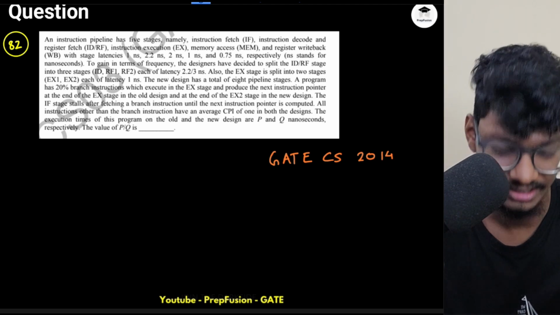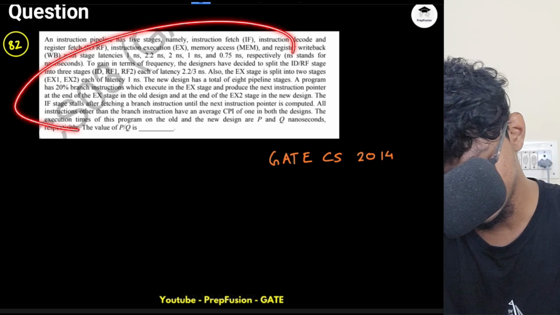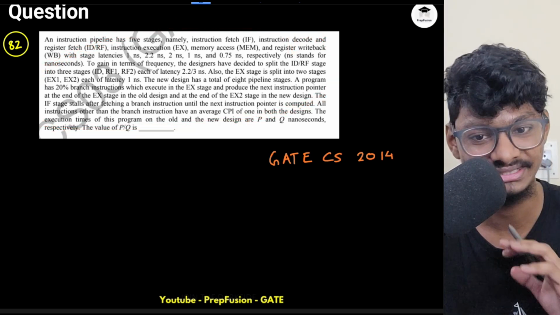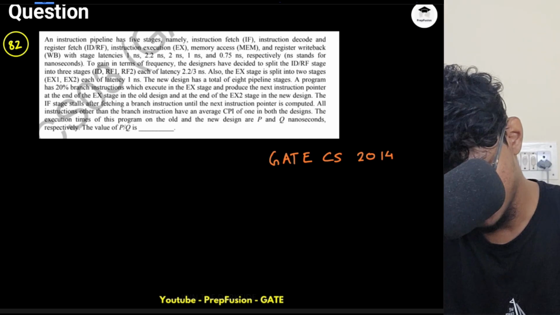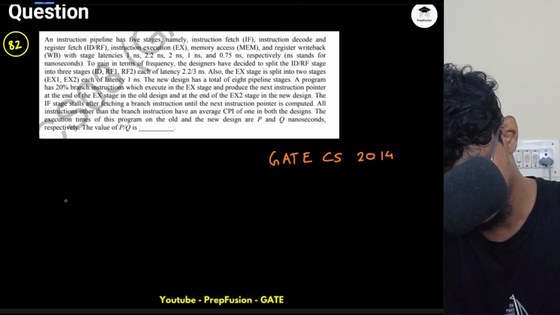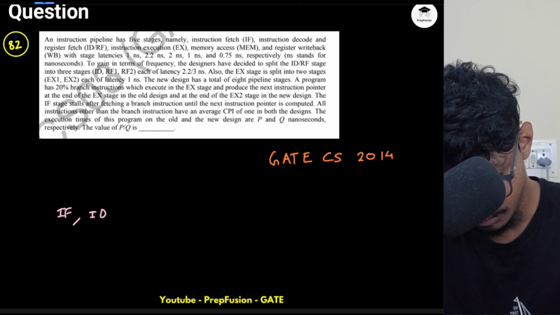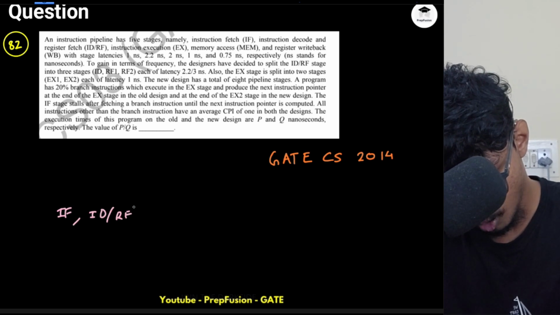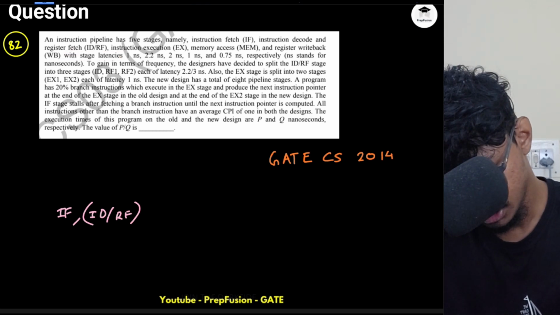Whenever a hazard question comes, it's a very big question and students get scared just by seeing the length of the question. So an instruction pipeline has 5 stages. First is instruction fetch. Then instruction decode and register fetch, where operand register fetch happens simultaneously.